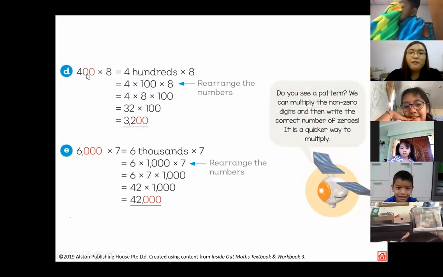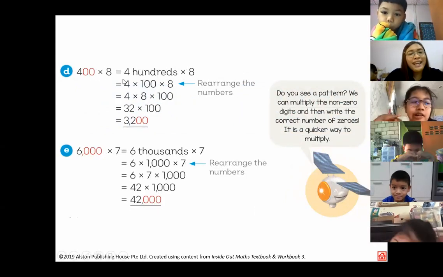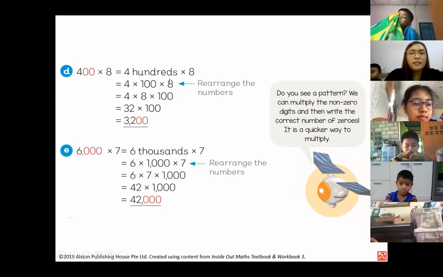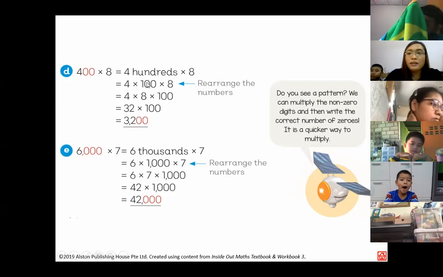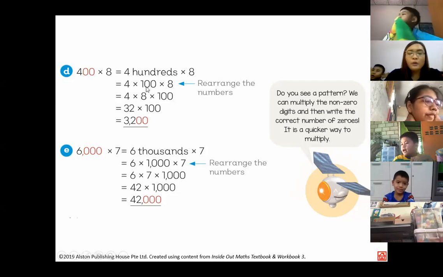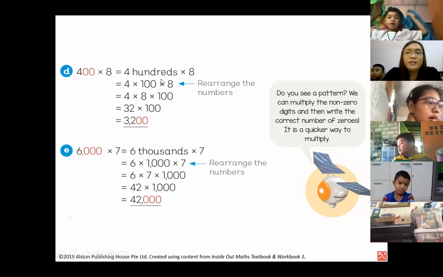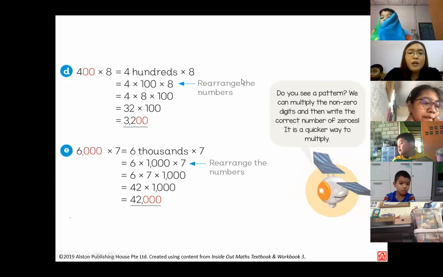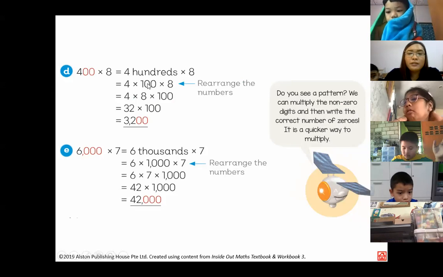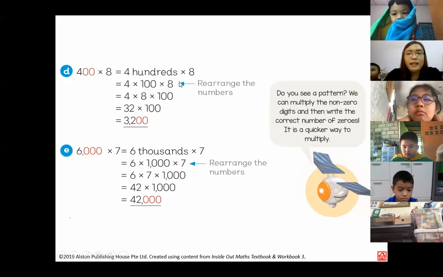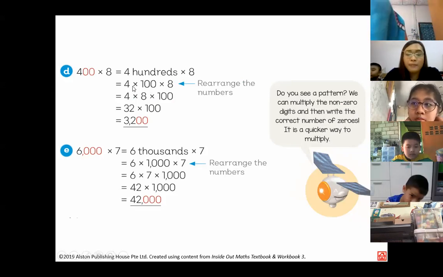All right, so we have 400 multiplied by 8. So we just have to write 400 and then 8. And then 4 times the numeral 100, and then just copy times 8. So rearrange the number. Change number 8 and number 100's place.